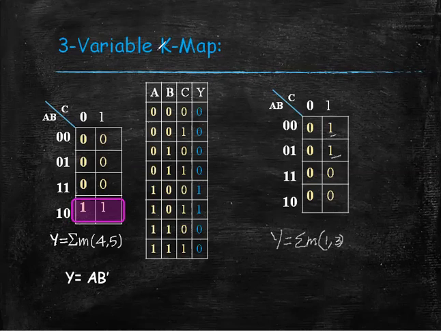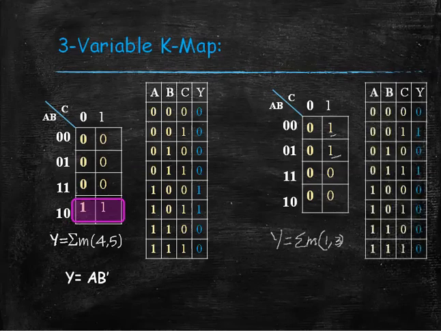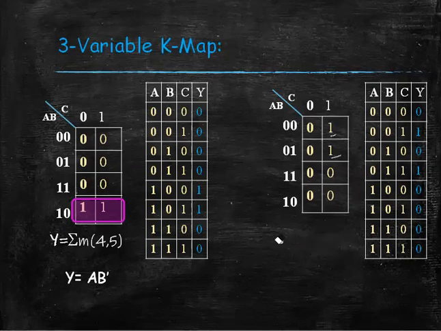And we can obtain the truth table as: here output is high for 0 0 1 and output is high for 0 1 1. All the remaining outputs must be equal to 0.